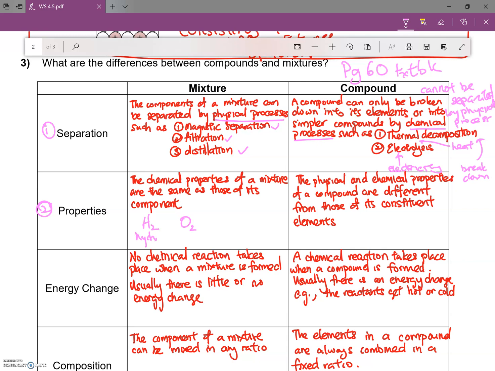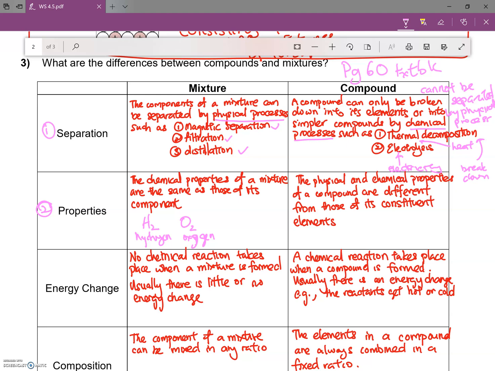When you mix these two gases together, just put them together without letting them react, H2 is a gas, O2 is also a gas, and a mixture of these two gases is also still a gas. This gas can still have the chemical properties of oxygen and the chemical properties of hydrogen. So a mixture actually has the chemical properties of its components.